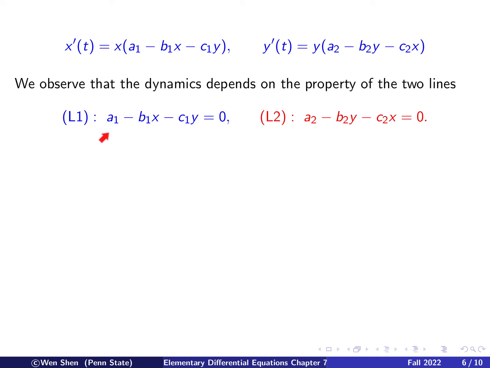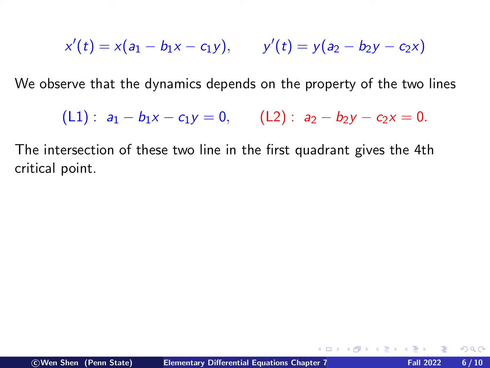So along what line or what path in the phase portrait will this one be 0? Well, that is exactly the solution of this equation equals 0. And we see that A1, B1, C1 are constant, so this becomes a straight line. And then also here, equals 0 is also a straight line. So let's call this line 1, and this is line 2.